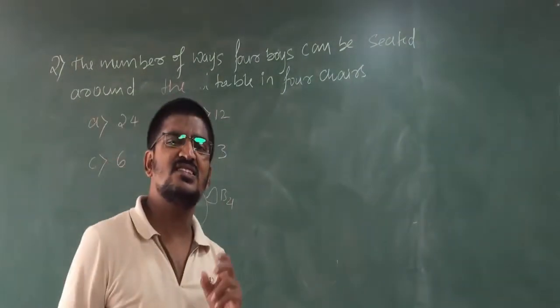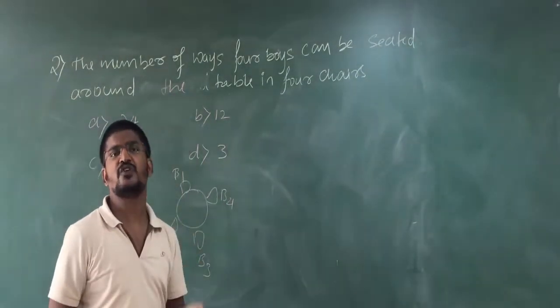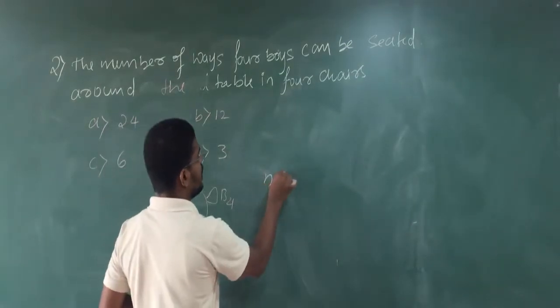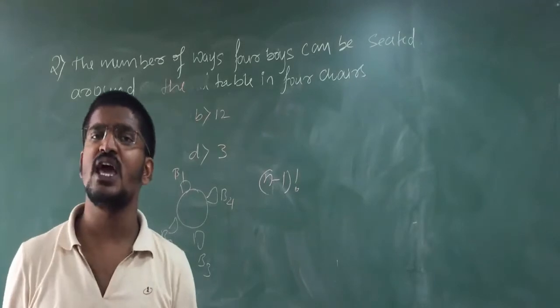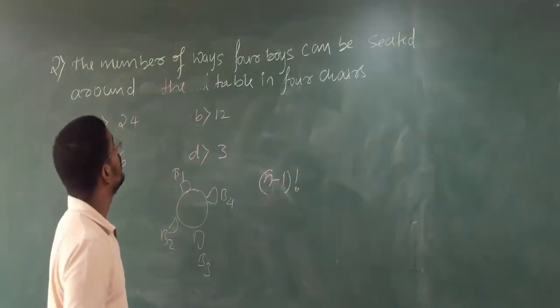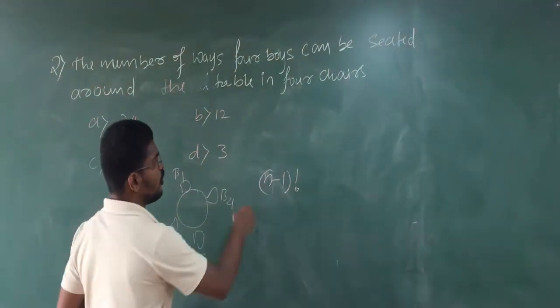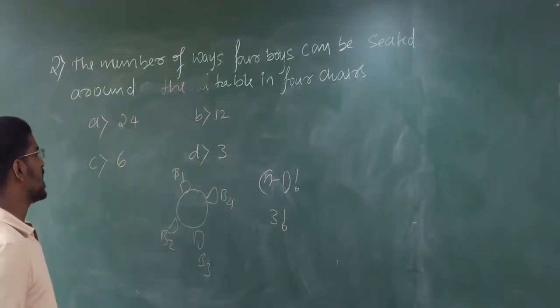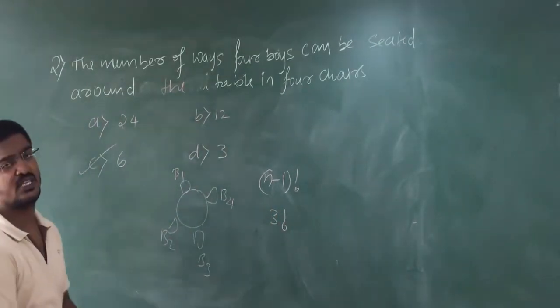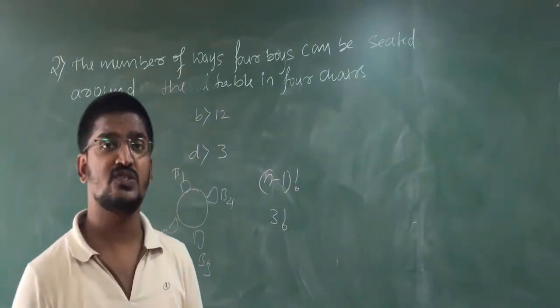Clear? Again, this is the circular permutation of different things, which is given by n minus 1 factorial. Here what will be your n? Here n will be 4. So that is 4 minus 1, 3 factorial. So 3 factorial is nothing but 6. Clear, students?